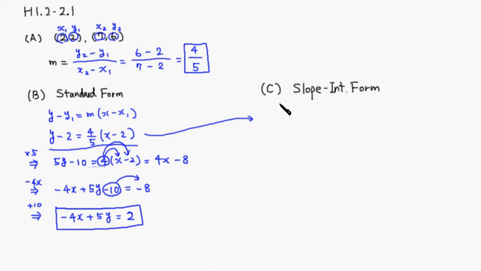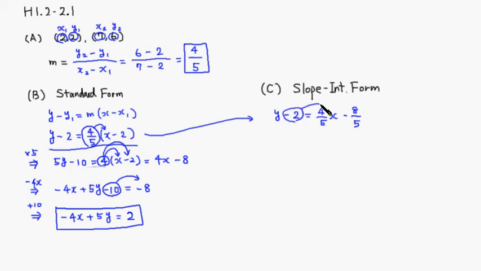First thing is I'm going to just distribute the slope 4/5 to both terms. The left-hand side is still the same: y minus 2 is equal to 4/5 x, then 4/5 times negative 2 is negative 8/5. The only thing that's in the way is this negative 2.